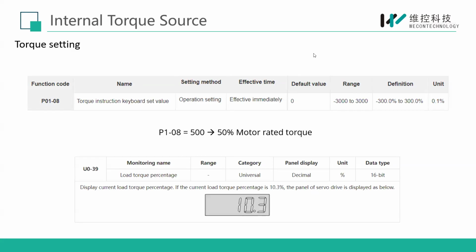If our motor's rated torque is 10 Nm and we set P1.8 as 200, it means 20%, so the motor will run at 2 Nm torque.